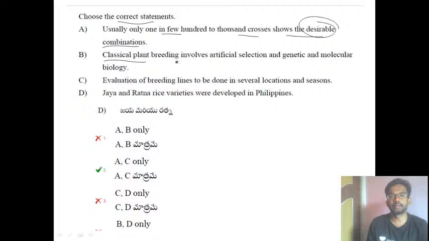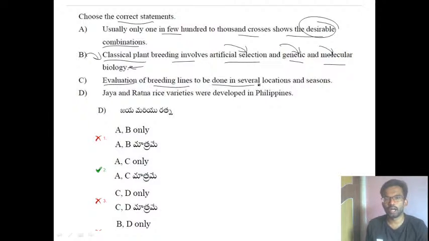Classical plant breeding involves artificial selection, genetics and molecular biology. Second, evaluation of breeding lines is done in several locations and seasons. Jaya and Ratna rice varieties were developed in the Philippines. So which statements are right?